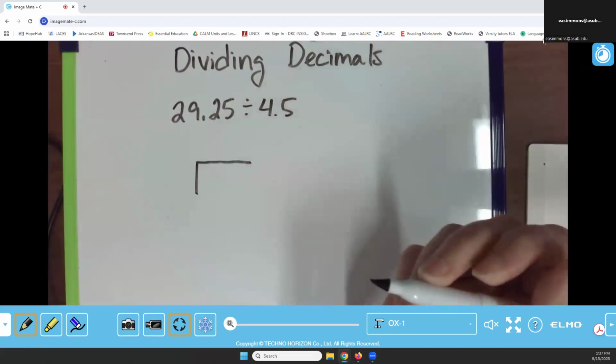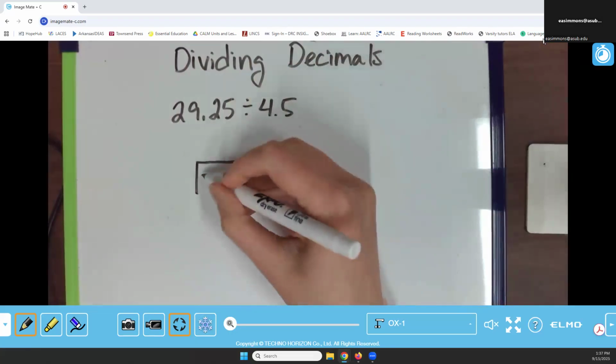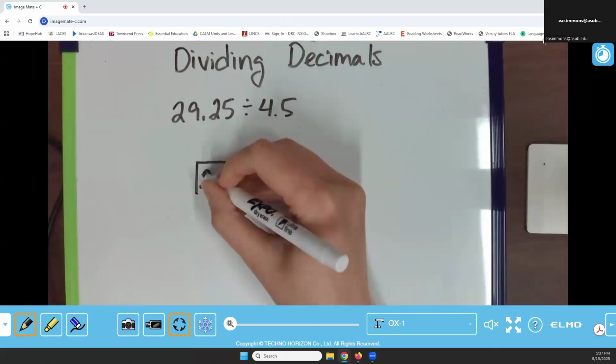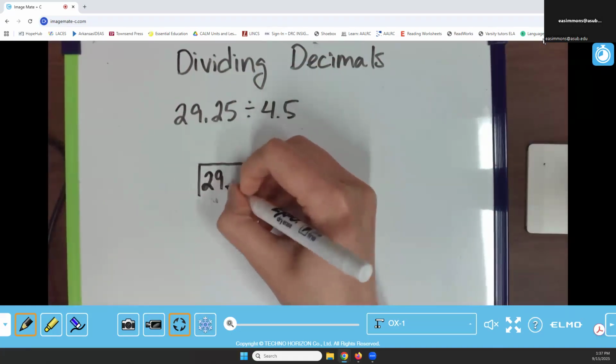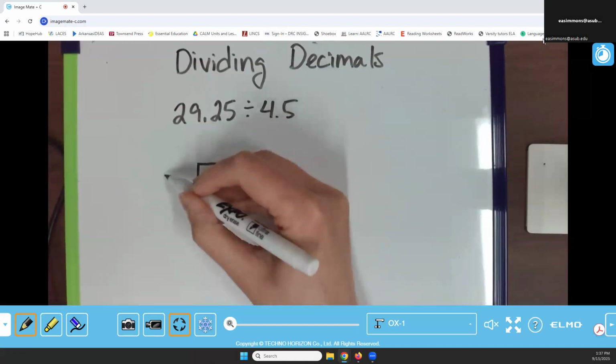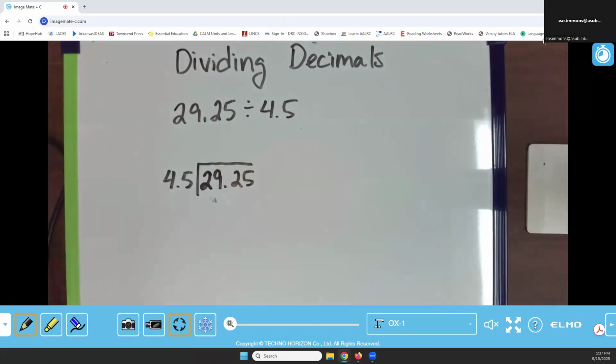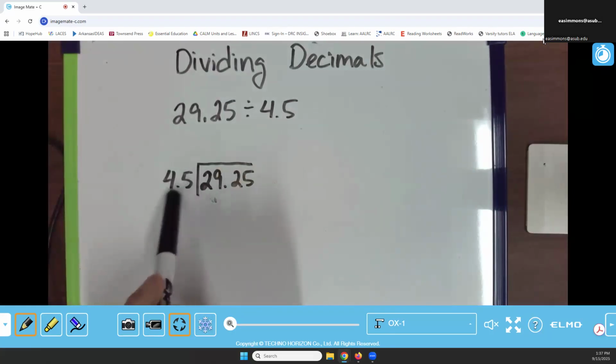In our long division sign, our 29.25 goes on the inside, and our 4.5 is on the outside. Ooh, we've got a decimal on the outside. Before we can actually do this division, we need to move some decimal points over. We don't like to do long division with a decimal.